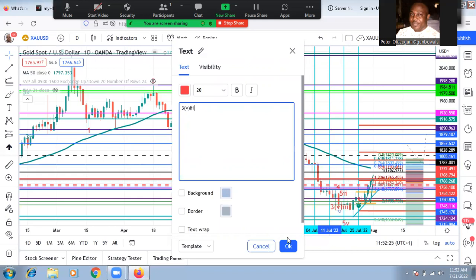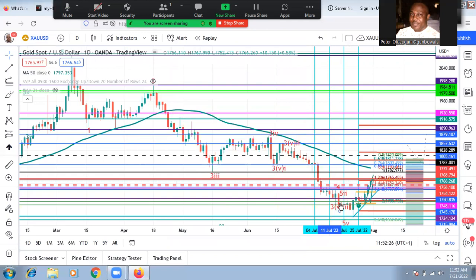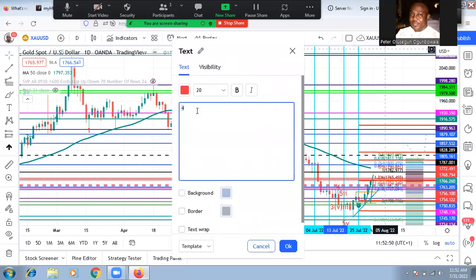So 3-5 finished at that level, and we add at this point a 3-5-4. We had a 3-5-4 at that point.